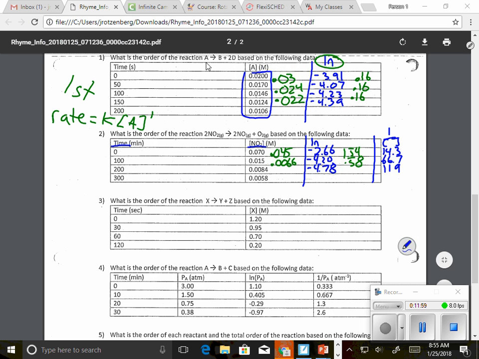And the last one would be 172. If I check the change for each of these, it's all 52. So this gives me linear change. And since it's the 1 over concentration that gave me the linear change, this is a second order reaction.